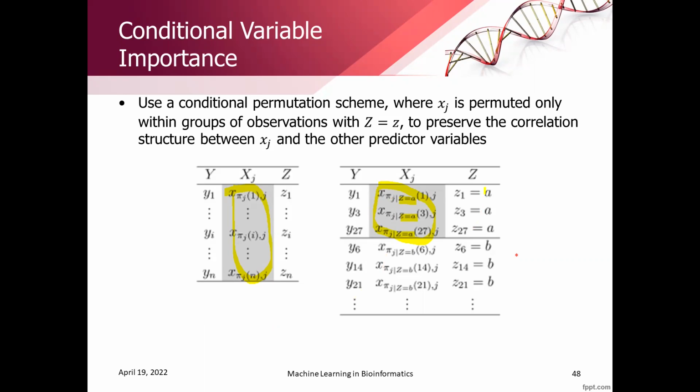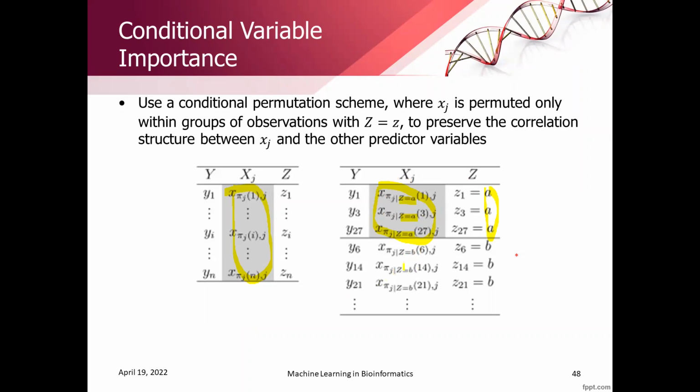So for example, here, if the attribute z has value a, then we have several possible values for the attribute xj, and we permute just these values, only values corresponding to value a of variable z.